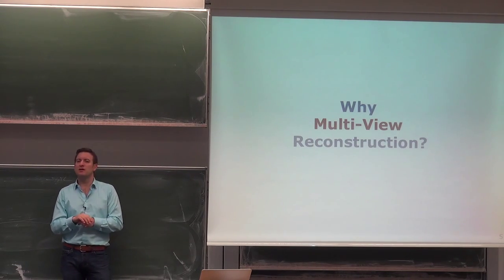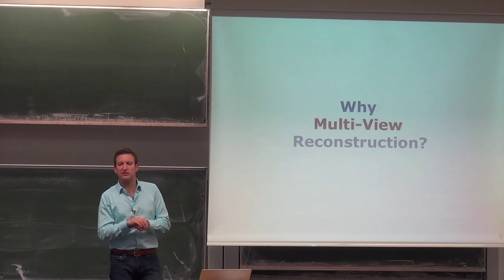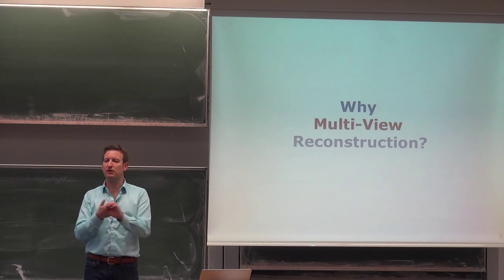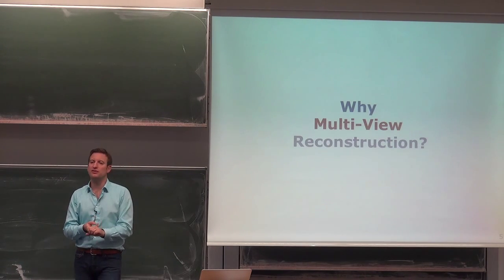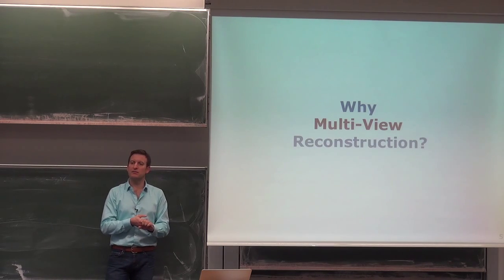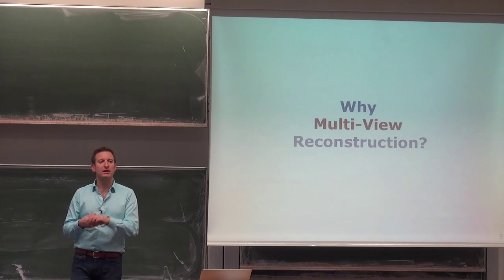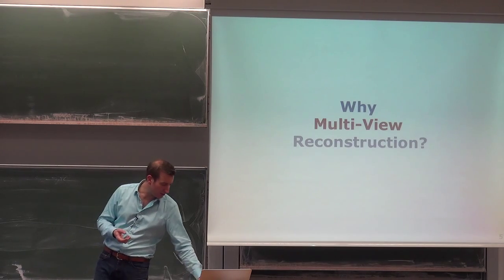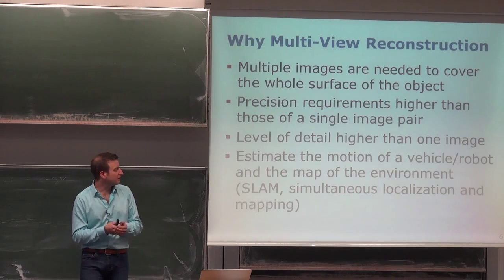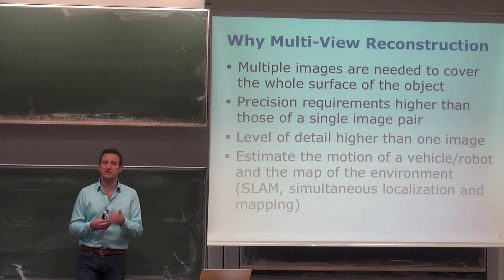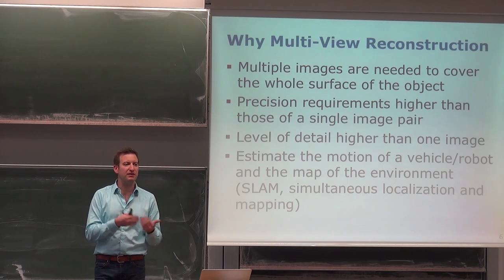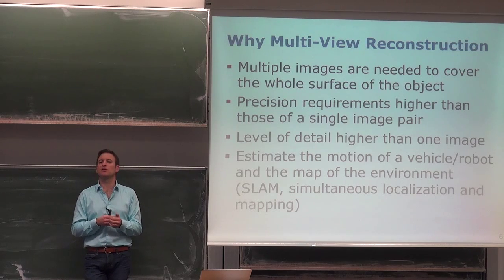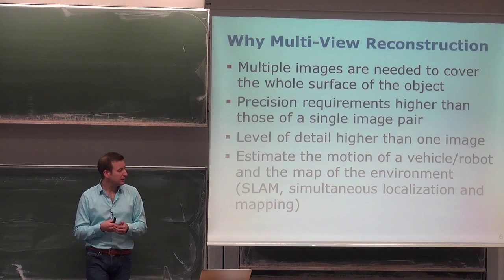And the last point, you may be interested in estimating also the position of the vehicle, of your airplane, of your car, of your robot, whatever it is which carries your sensor at different points in time, because you're interested in the location of the vehicle in relation to a map that you build online. That's something which is also called the simultaneous localization and mapping problem, where you want to estimate at the same point in time a map of the environment, that means reconstructing the 3D points of the environment, and localize the sensor in this map that you built.